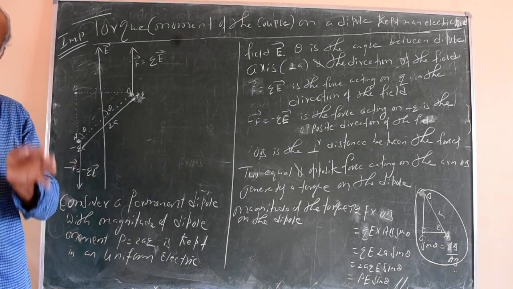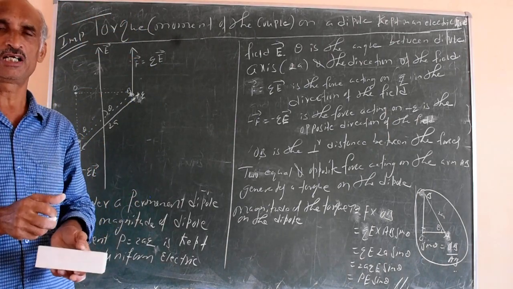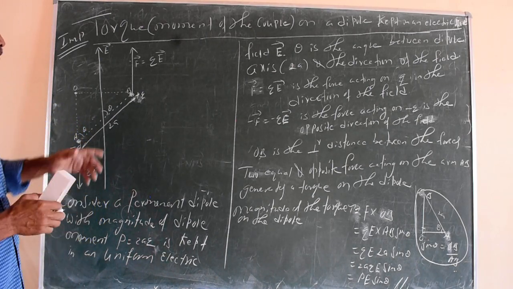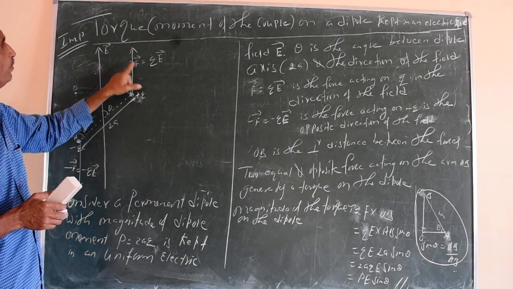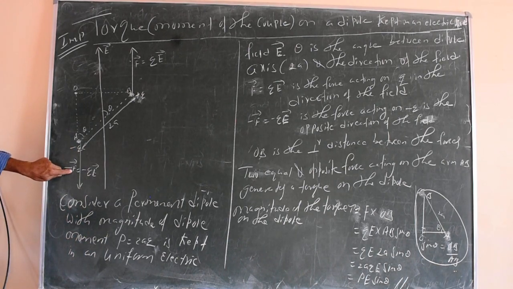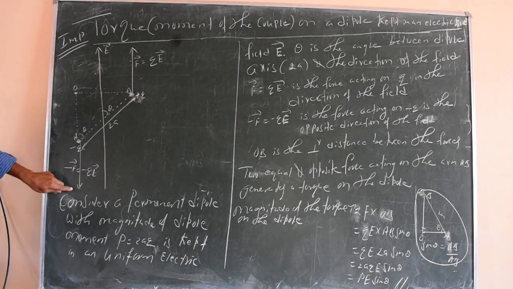If any charge, positive or negative, is kept in an electric field, a force will act on that charge. How much is the force? The magnitude is F equal to qE. What is the direction of that force? If the charge is positive, the force will be in the direction of the field. If the charge is negative, the force will be in the opposite direction of the field. If the field is upward, the force is downward.